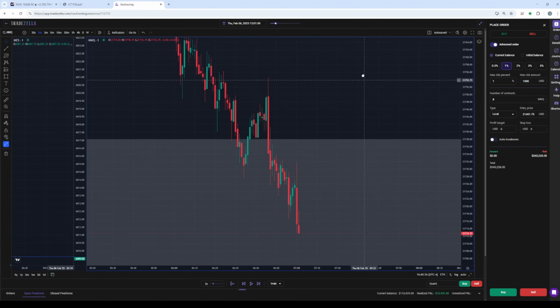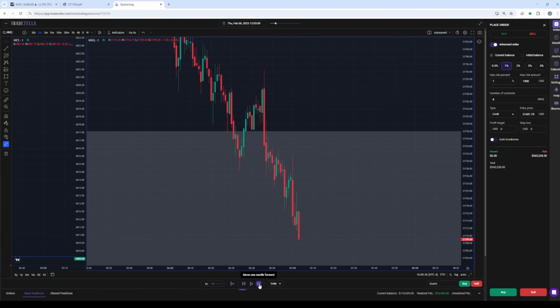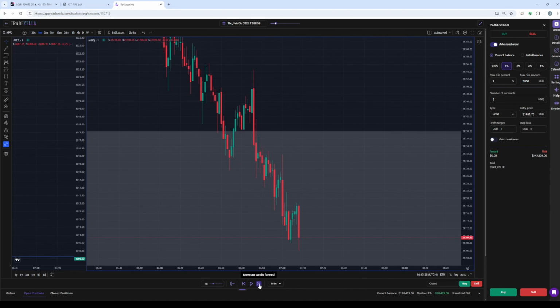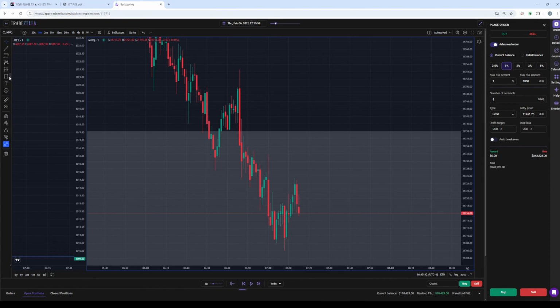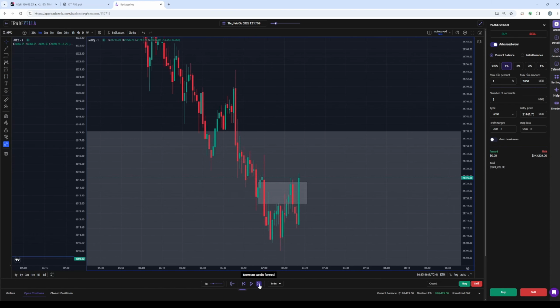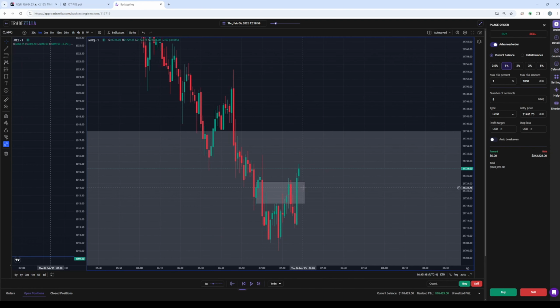See if it gives us a good entry. Still nothing clear yet. We almost inversed this fair value gap, but we didn't quite. Okay, we should get an entry here, I think.